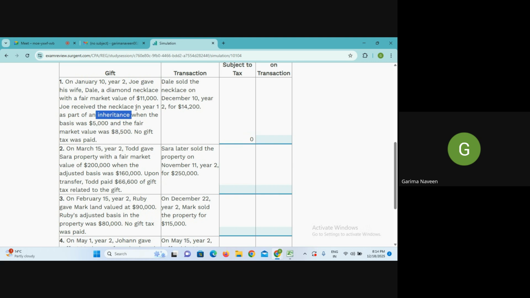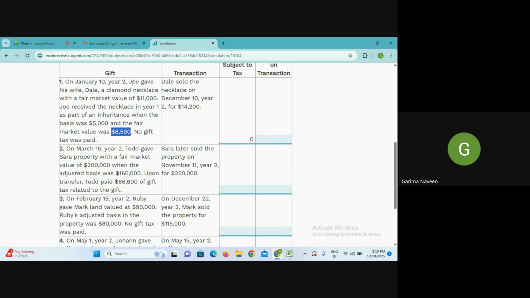So here the basis originally was 5,000, then fair market value was 8,500, and fair market value on the date of gift is 11,000. So for Joy, the fair market value on the date of inheritance or death, 8,500, will be considered as the basis. So 8,500 was the basis.